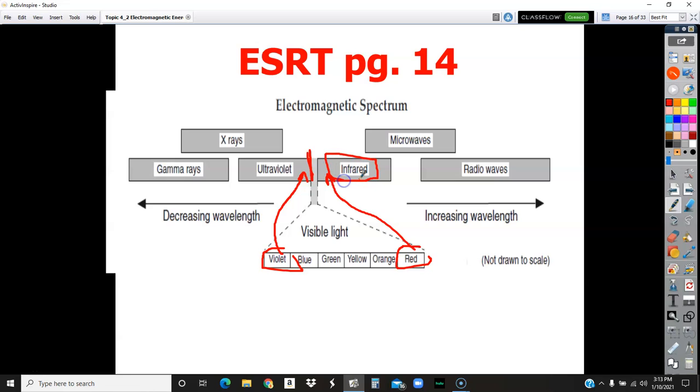Infrared, which again is heat. So infrared is heat. Again, the earth gives it off. You give it off, right? Nothing dangerous about infrared. And then you have your microwaves, which again goes back to the Big Bang, right? They found all that leftover energy after the Big Bang. And then you have your really long waves, which are very low energy. Those are, again, your AM, your FM, TV waves, radio waves.